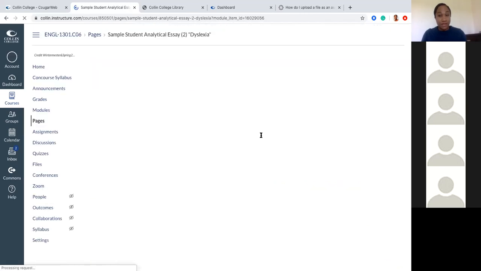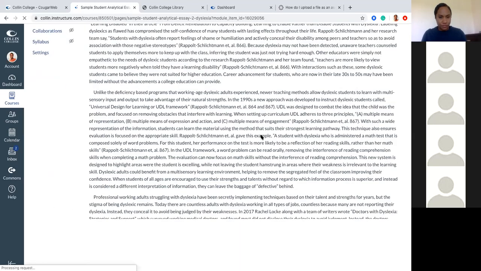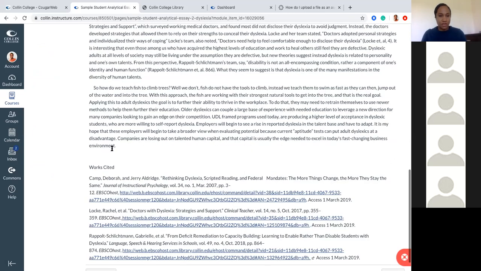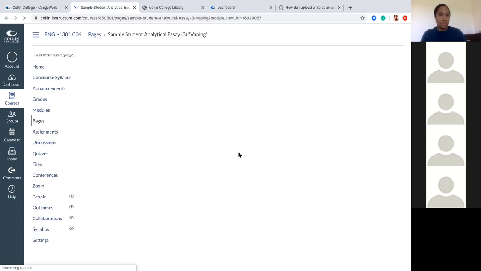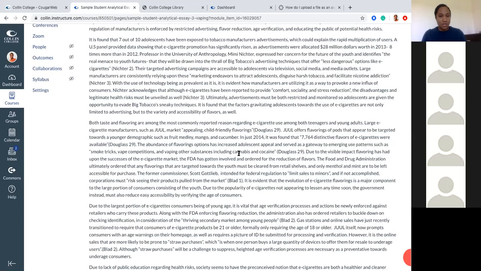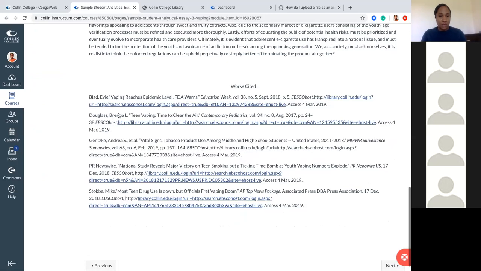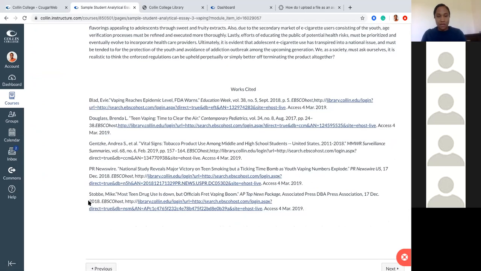If you look at the next sample, you'll see this student also added works cited, but notice that it's in better shape. There are not as many errors, and they probably copied and pasted this directly from their preliminary bibliography, which is perfect. And then we'll look at the next one. This student centered theirs, which is always nice, but it's not necessary.